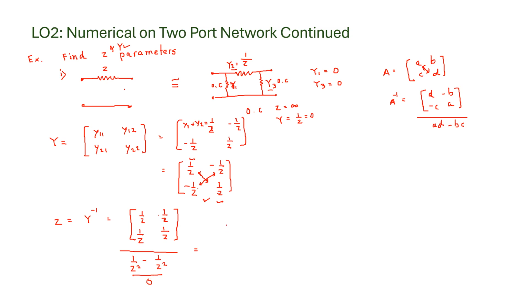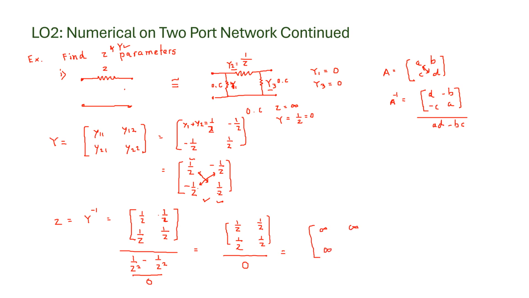So ultimately you will have 1 by z, 1 by z, 1 by z, 1 by z divided by 0. We already know anything divided by 0 is infinity. So all the elements of this matrix will become infinity.